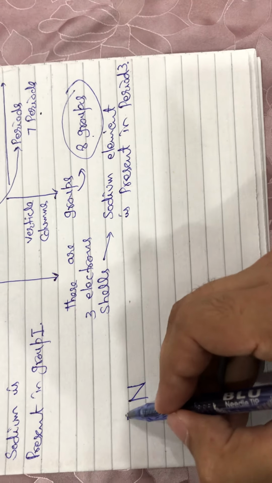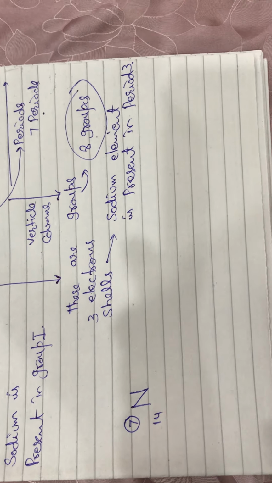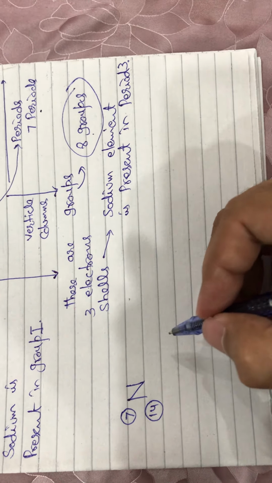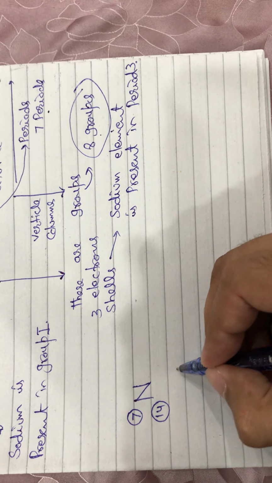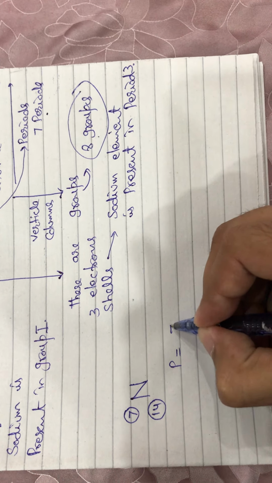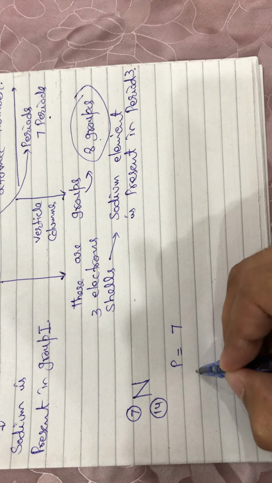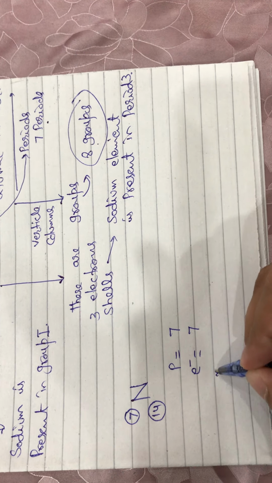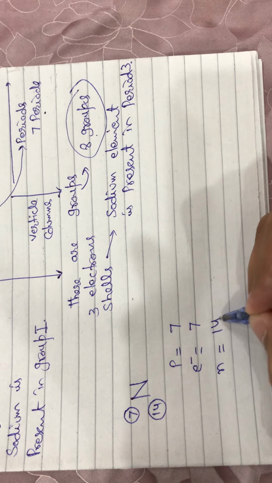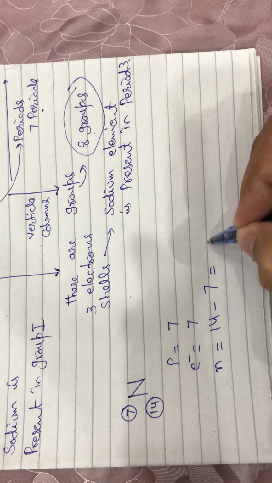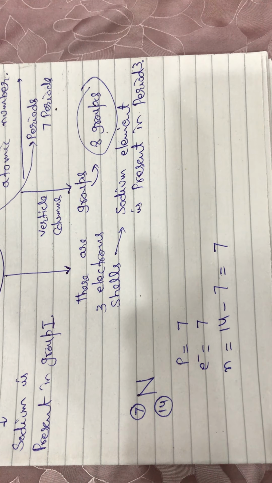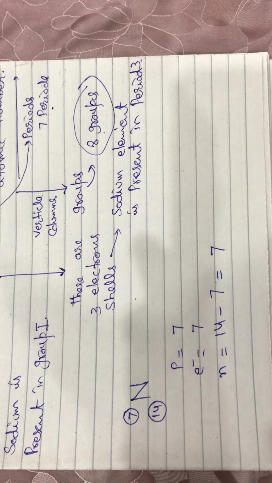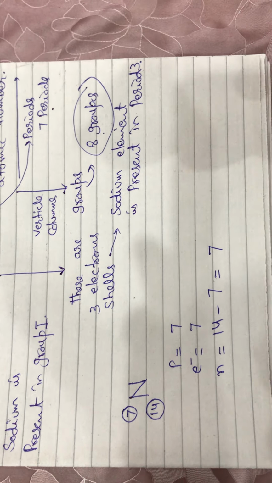Nitrogen's atomic number is 7, or its proton number is 7, and its atomic mass is 14. So protons are 7, and electrons are 7, and its neutrons are atomic mass minus atomic number, which is 7. In this way we can calculate the number of particles in an atom.